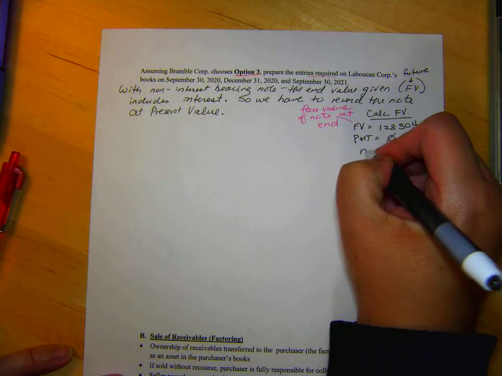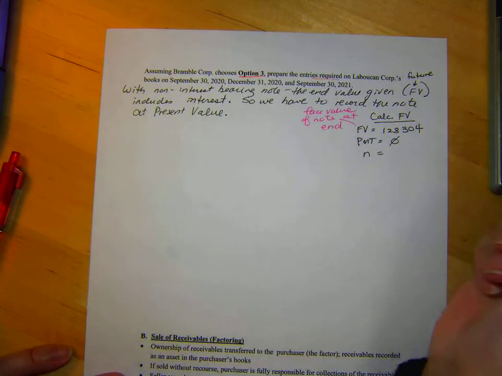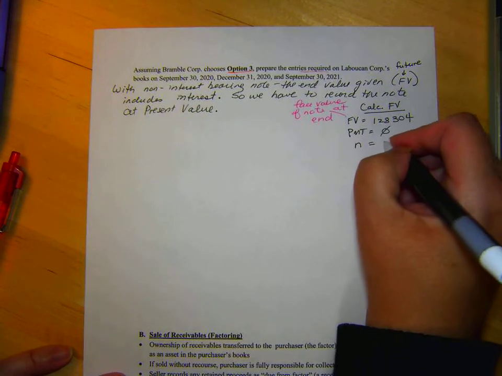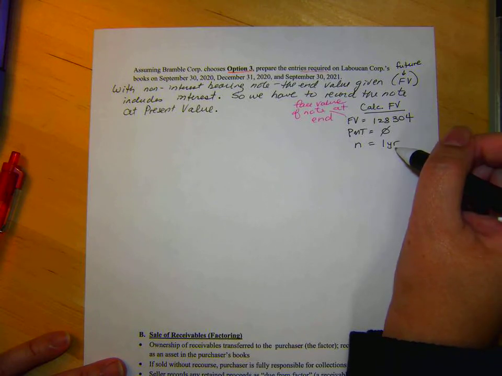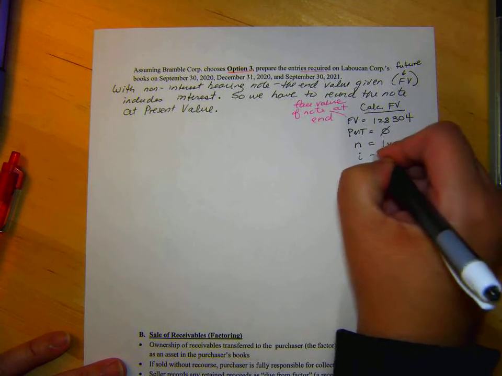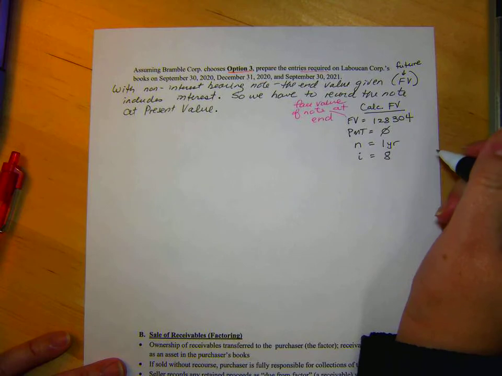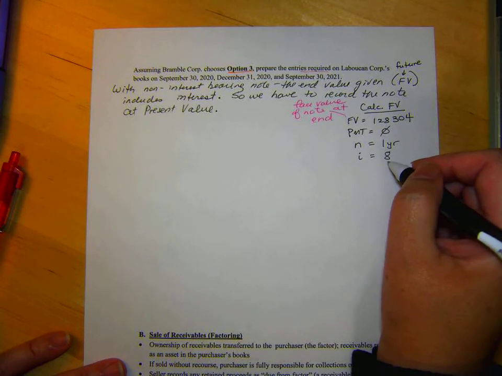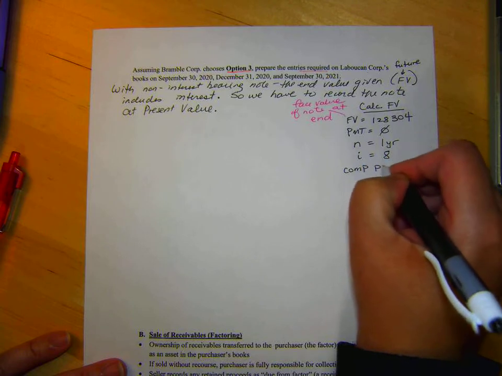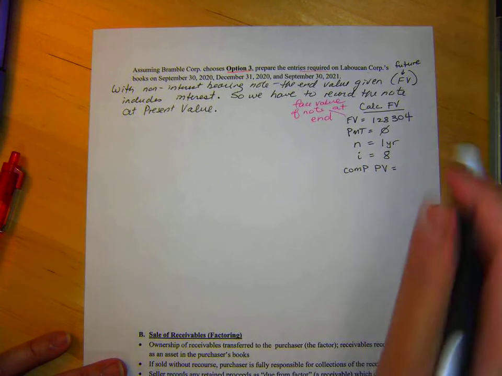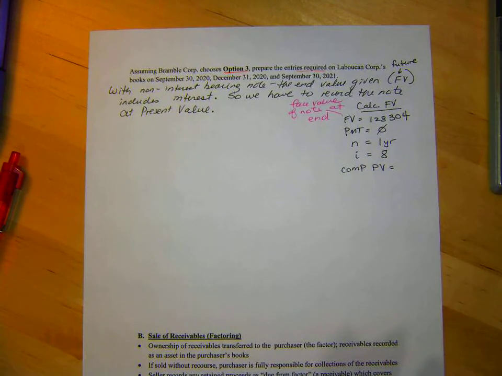Do we know how long the note is for? 1 year. And the implied interest rate is 8. So what we have to do is compute present value to find out the present value so we can write it down.